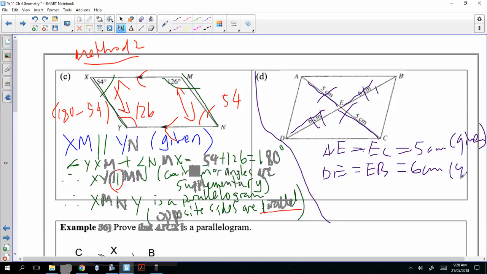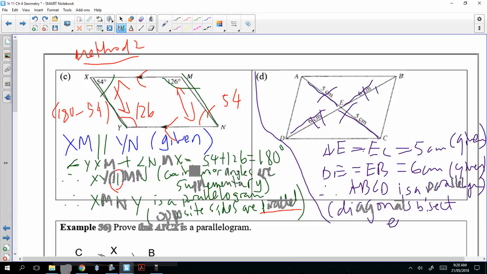Given reason, diagonals bisect each other. Okay, done.